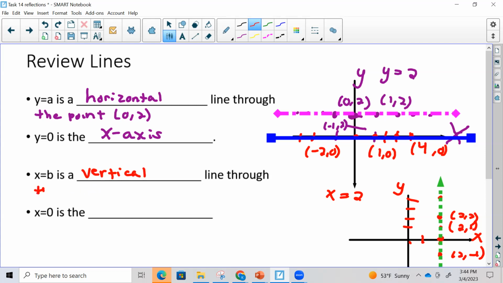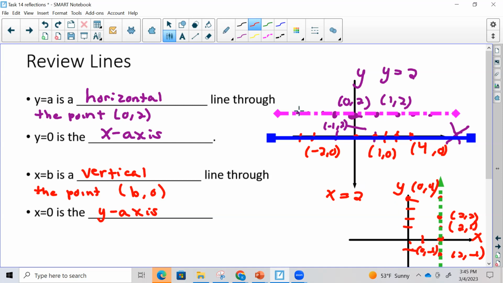So x equals b is a vertical line through the point (b, 0), whatever b is. Or again, you can just come to whatever that number is on the x-axis and then draw a vertical line through it. And then x equals 0, therefore, would be the y-axis, because any point you pick on the y-axis, like this point, is (0, 1), (0, 2), (0, 3), (0, 4), or here, this is (0, -1).